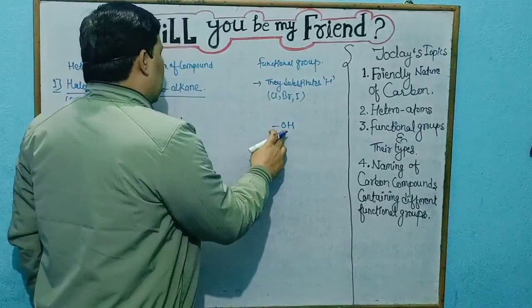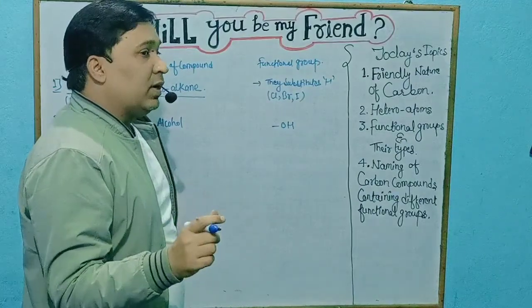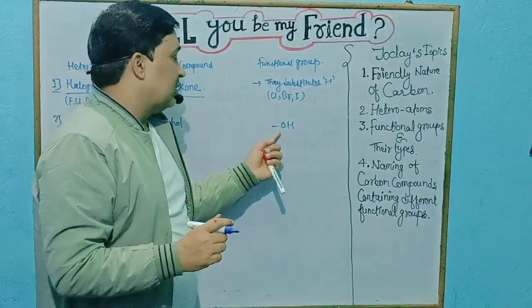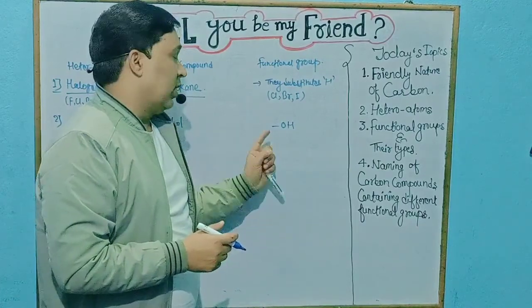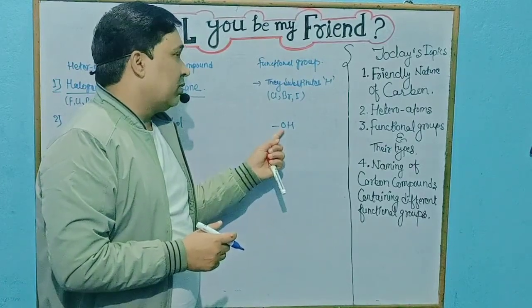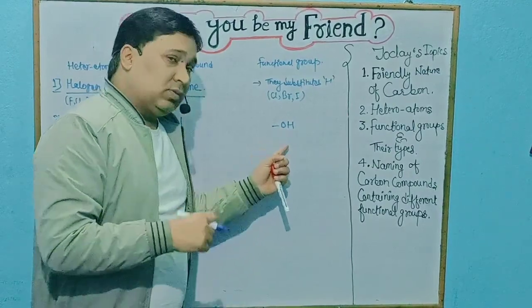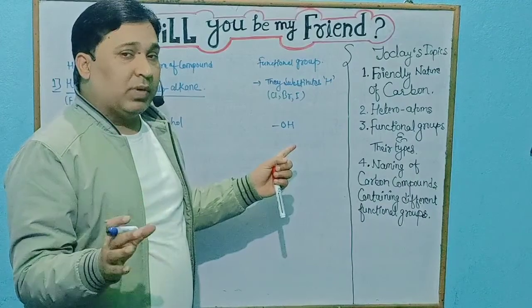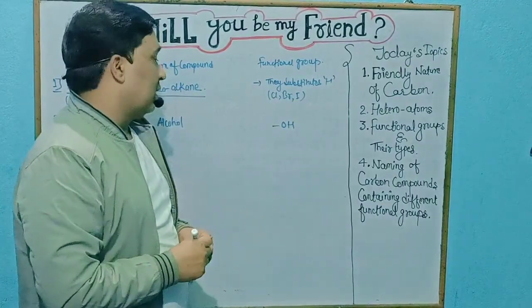Here oxygen has still not completed its octet. So you can say the valency of OH, meaning the number of electrons required to complete the octet, is 1. So the oxygen atom present in the OH group, that is the alcoholic group, is attached to the hydrocarbon by replacing a hydrogen from it, and it gets attached to the carbon atom by sharing an electron.